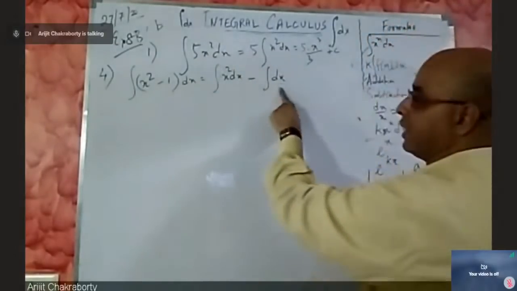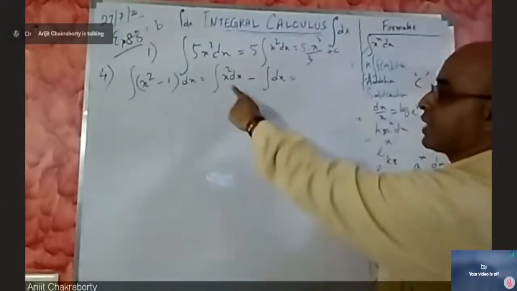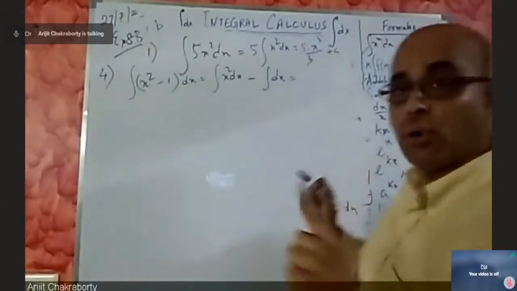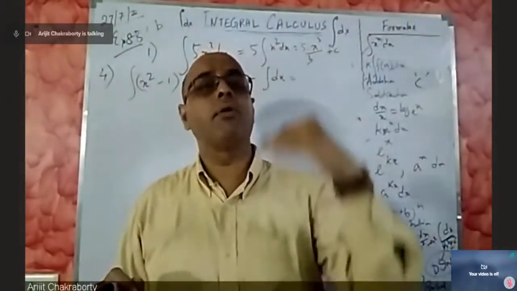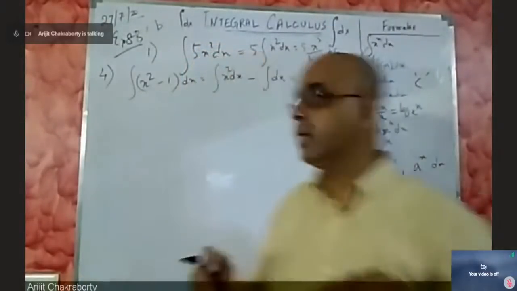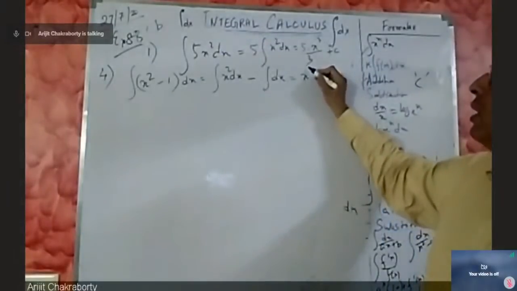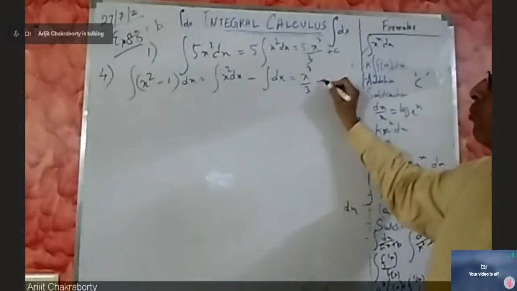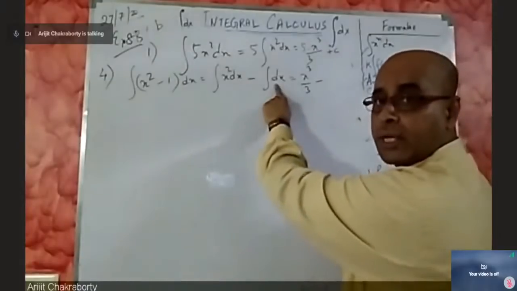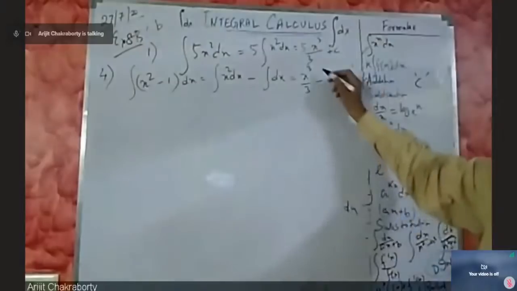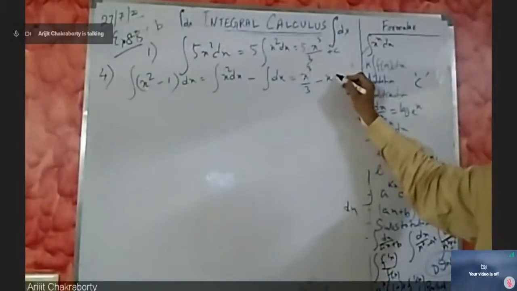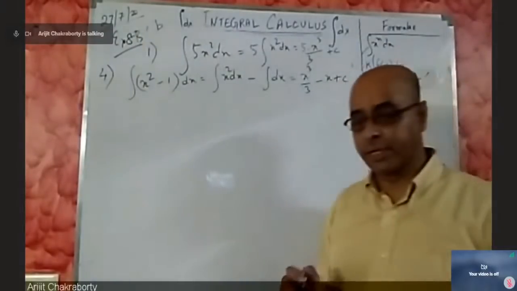Minus 1 means only dx. So this becomes x square dx, which is of the form x to the power n, so it breaks into x to the power n plus 1 by n plus 1. So it becomes x to the power 3 by 3 minus integration of dx, only dx, we know the answer is x. Okay. So this is x cubed by 3 minus x plus the constant of integration.